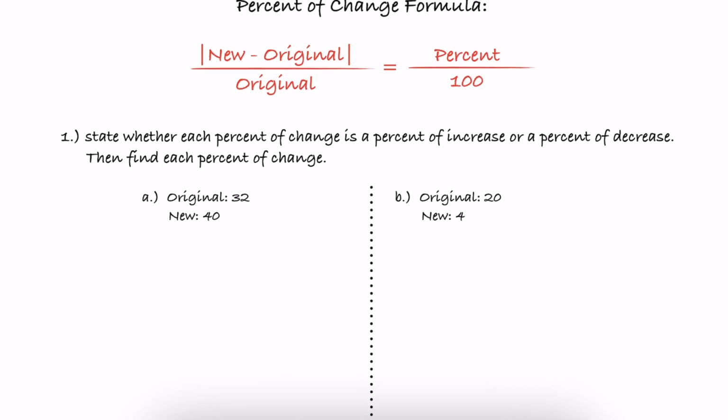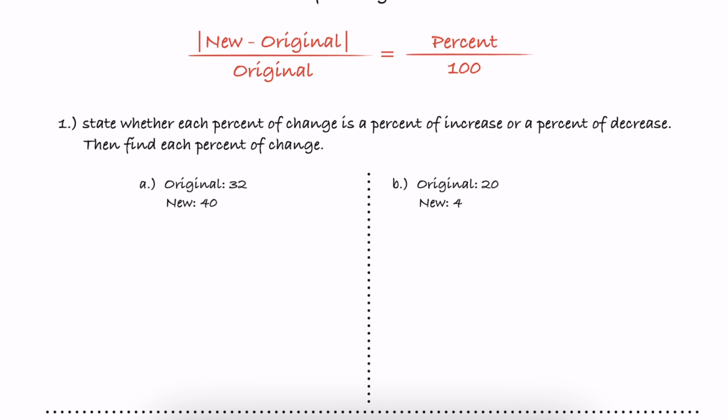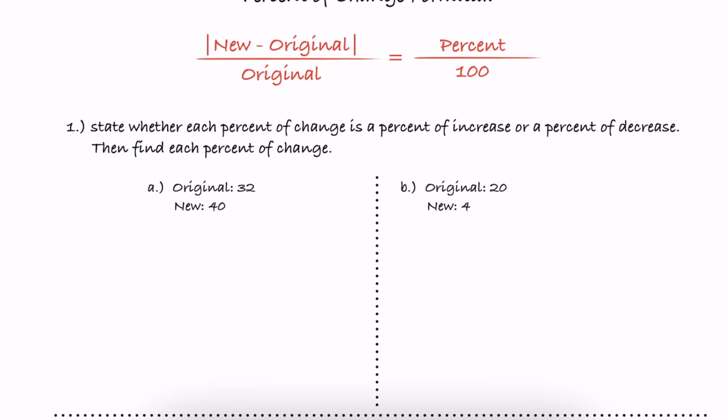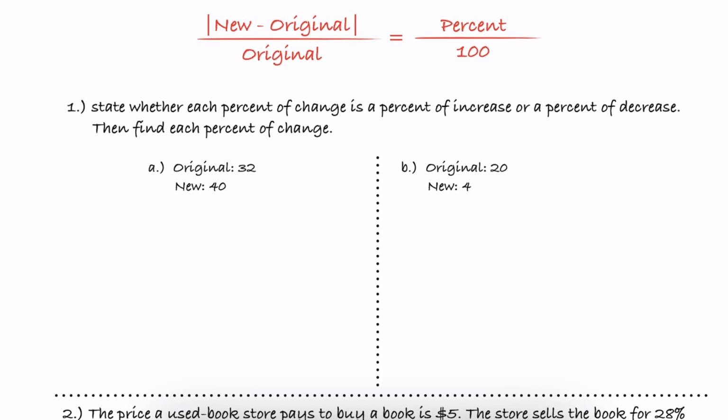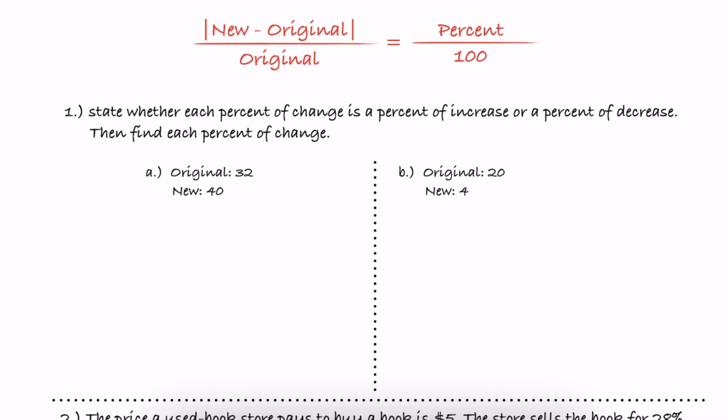So let's try these first two. Let's try 1a and 1b together to see how this works. So plugging it into the formula, we have a new of 40. So 40 minus original 32, the absolute value of that, divided by the original value, that's going to give us 8 over 32, and put into decimal form, that's 0.25, 1/4, same thing.